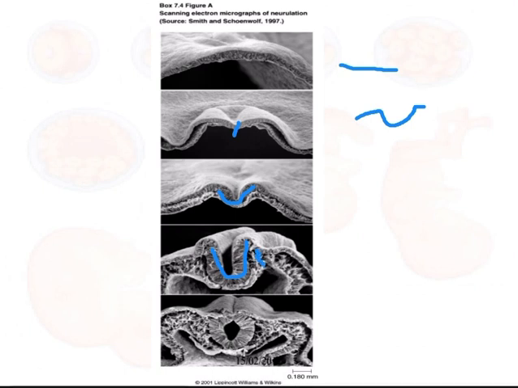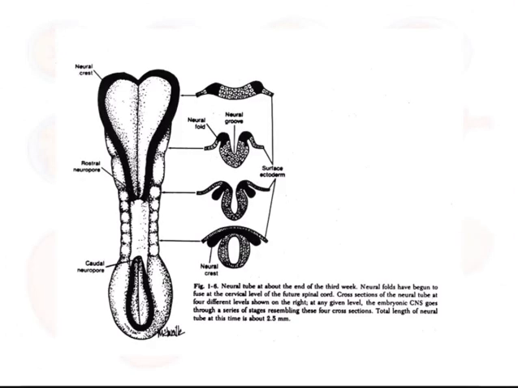Now it closed and became the tube, the neural tube, with the crest next to it. Is it clear, or is it still confusing? It is a bit confusing, but you need to repeat and understand it because you need to memorize the stages. It will give you a clear idea later on.